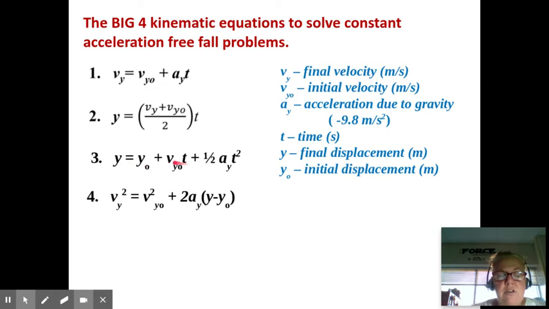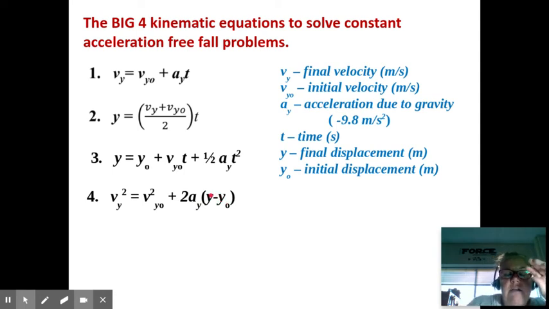This one is on your equation sheet, but again, it's written with the x. So when you solve these problems, if they're free fall, if they're in the y direction, then instead of x, you're going to put a y there. And then, of course, here's the last one: vy squared equals vy naught squared plus 2ay times y minus y naught.